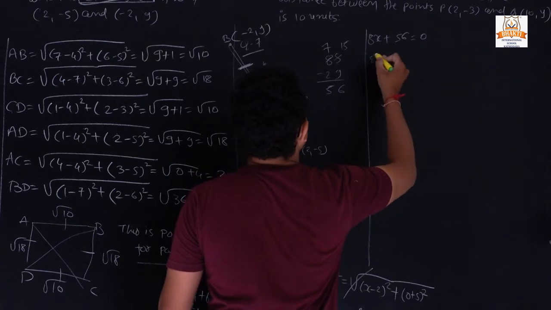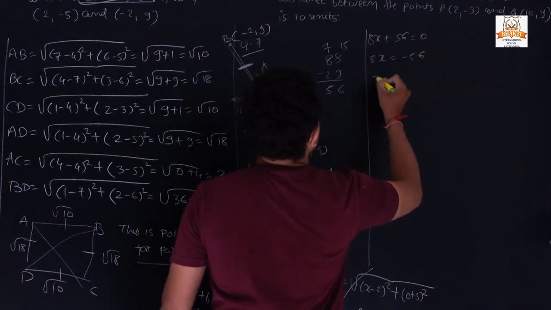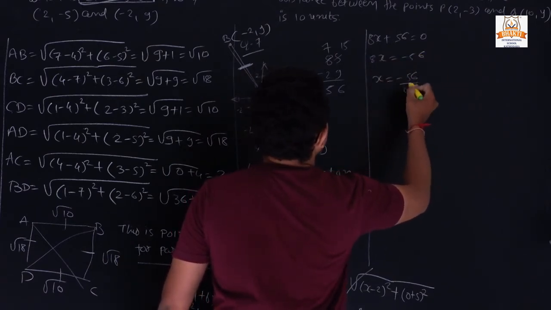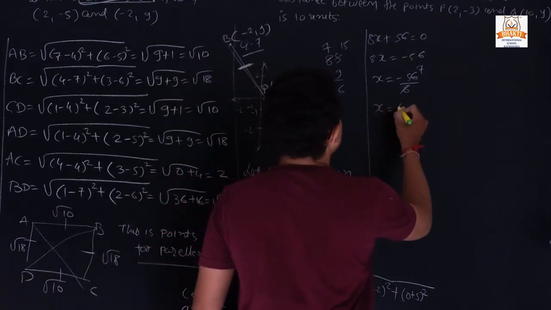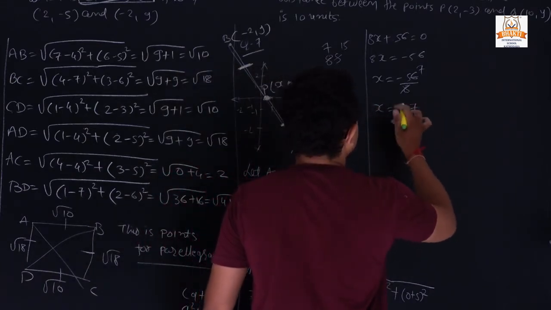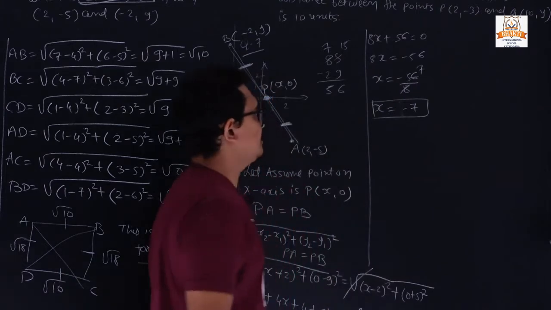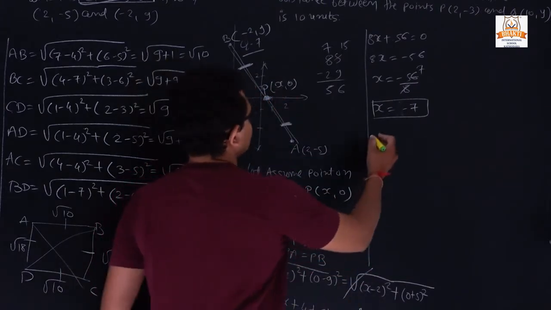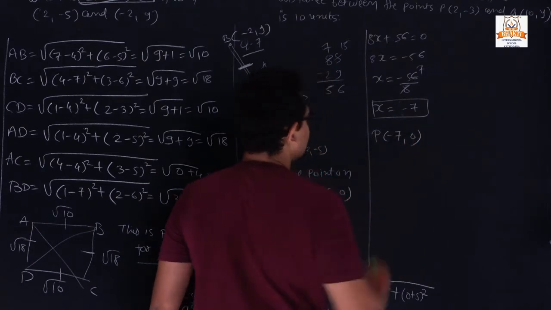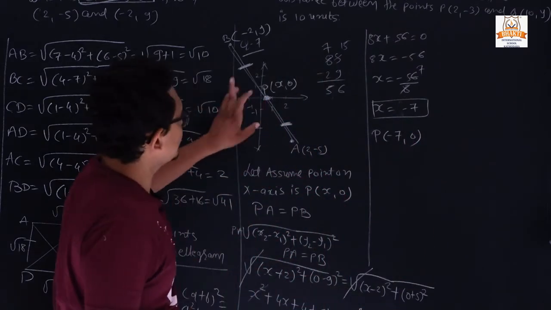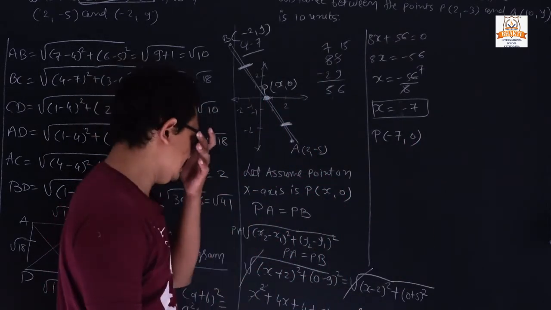Now this goes to the second side, so it becomes minus, so x is equal to 56 divided by 8. 8 7s are 56. So what is the value of x? Minus 7. Clear? The value of x is minus 7. So it means our point P is equal to minus 7 comma 0. Clear? This point is minus 7 comma 0.